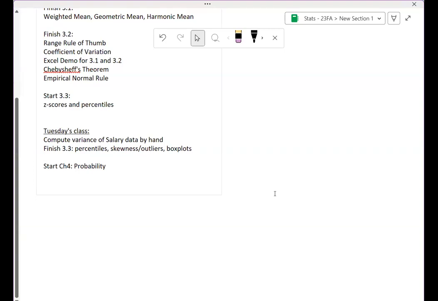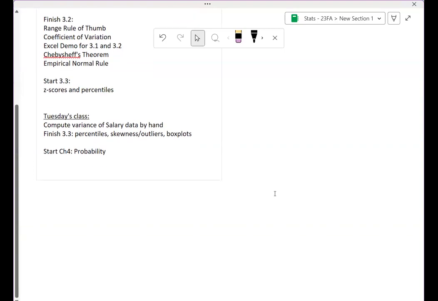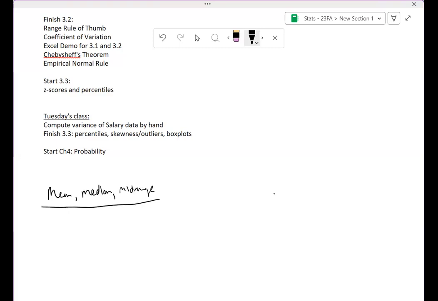Okay, so let's get started then. We talked in 3.1 about measures of center, for instance, the mean, the median, and the mid-range. We introduced these ideas. We computed mean, median, and mid-range for the 3 data sets we've been working with.